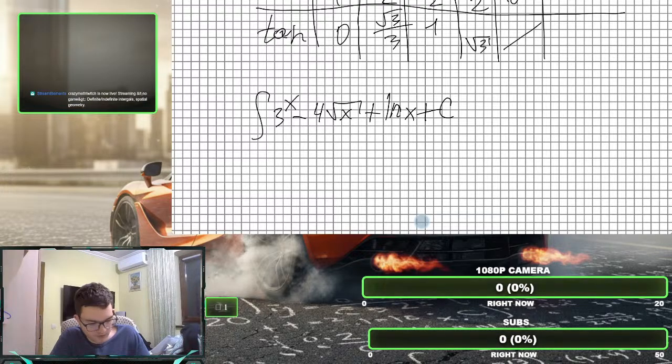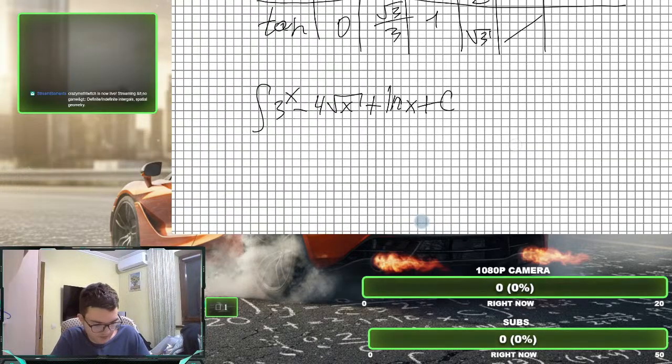So solve again, but in the initial f of x, use 3 to the power of x, not 3x.